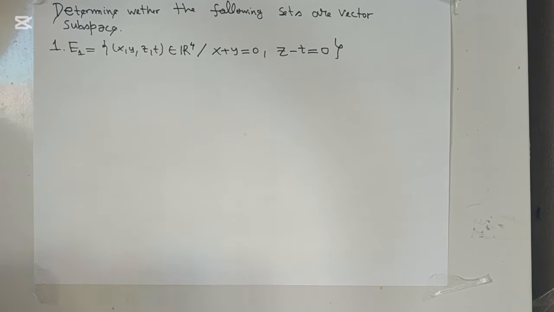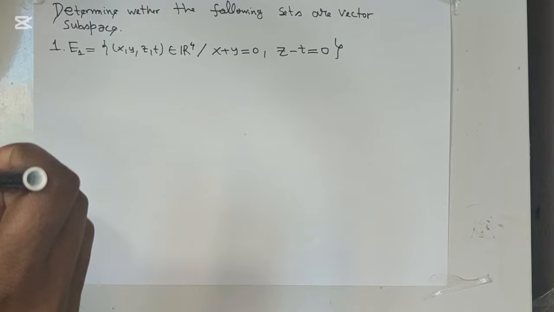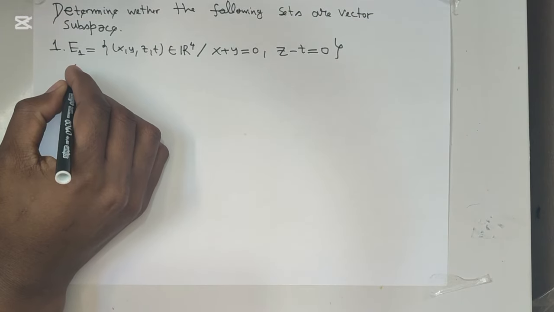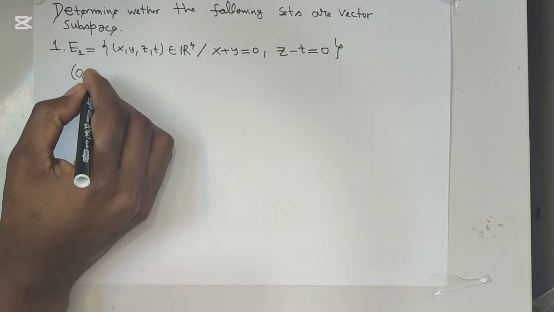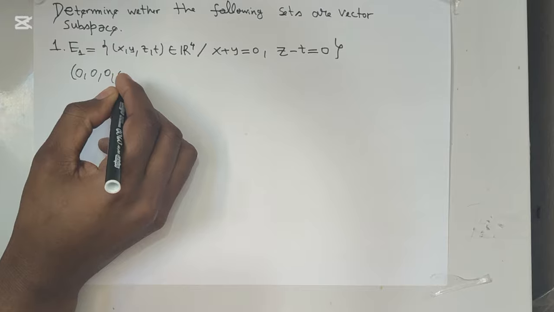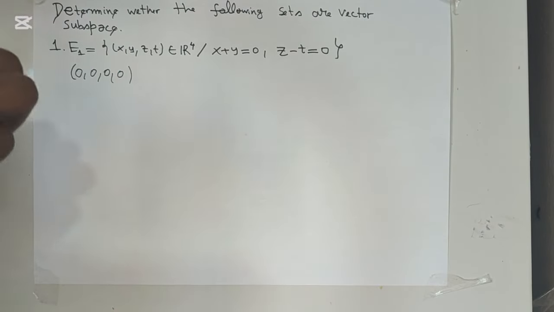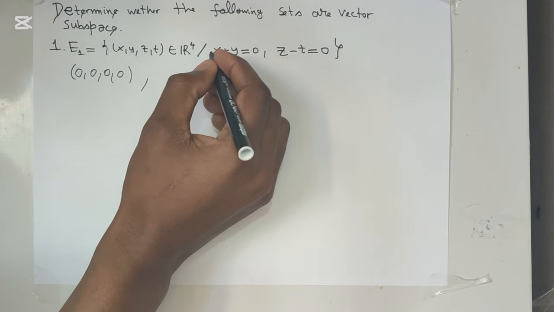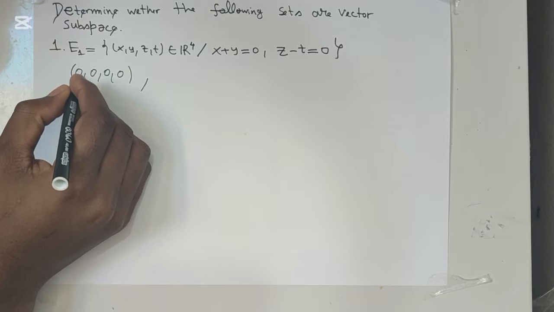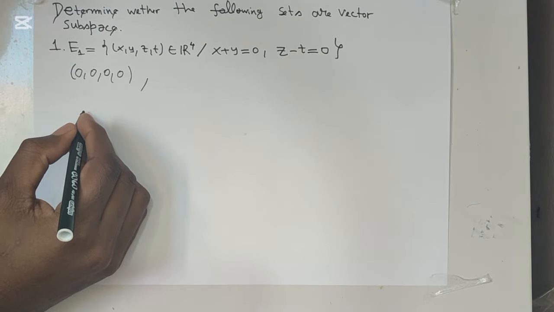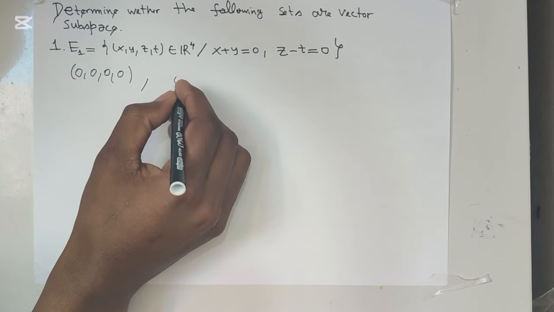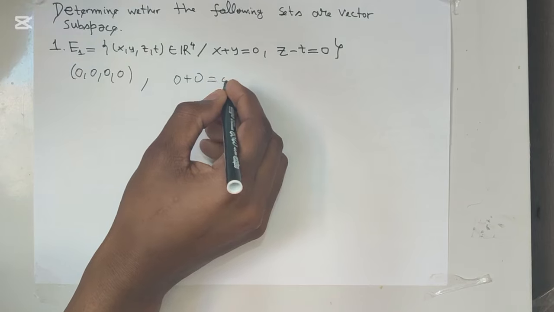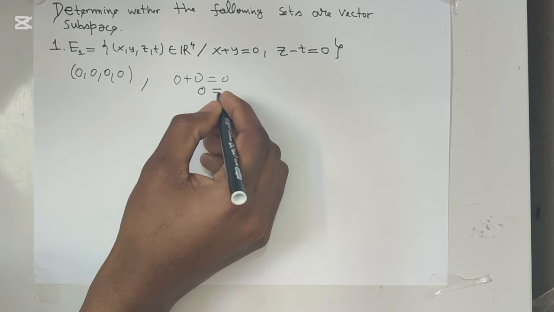So if all these components are zero, which means it's a zero vector, then x and y are now zero. Then x plus 0 is equal to 0.